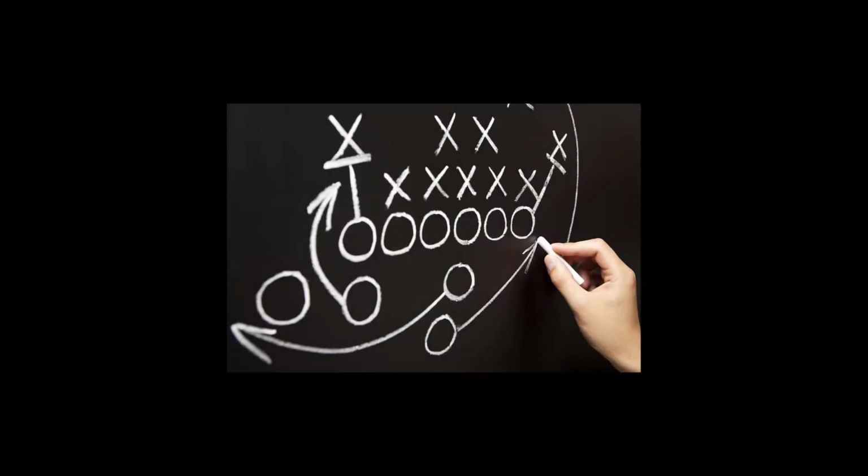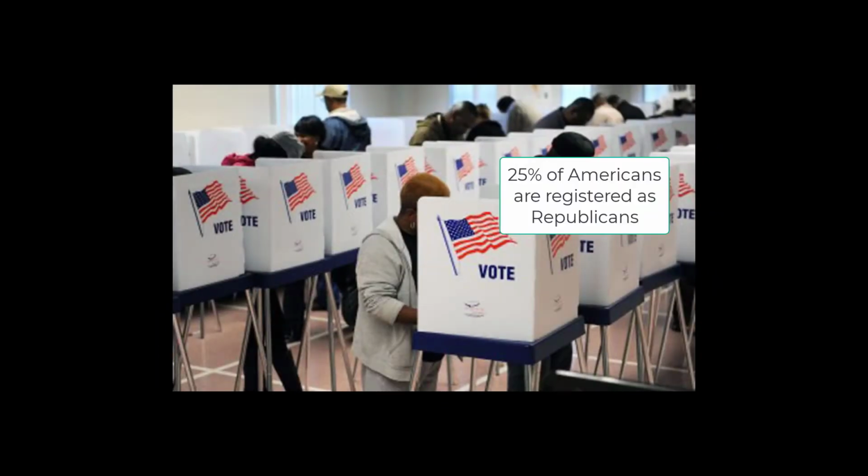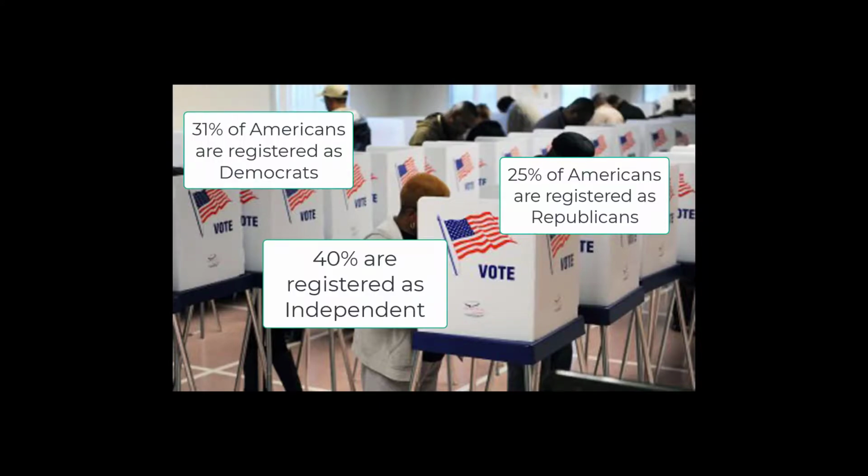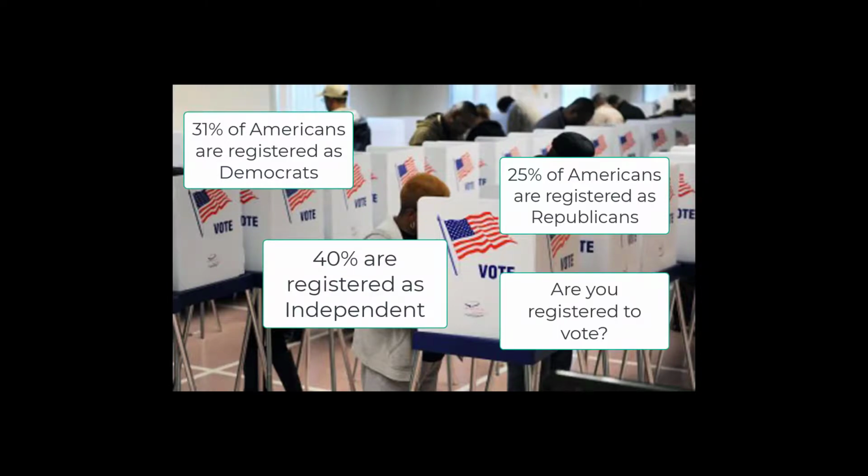There is also a preset strategy for how to win swing states. As of 2020, about 25% of Americans are registered as Republicans, 31% as Democrats, and 40% as independent. Each candidate must motivate as many of their own voters, or base, to actually vote as they possibly can.